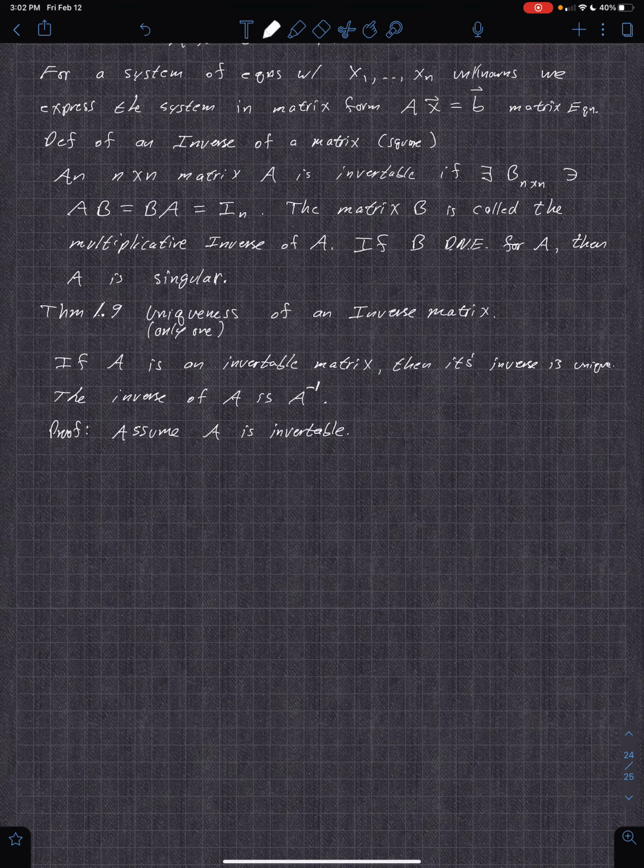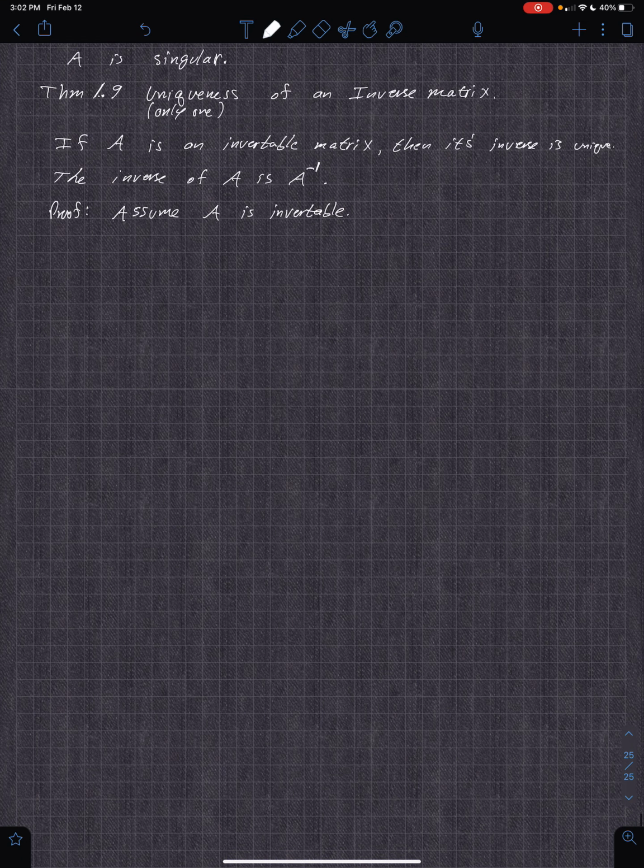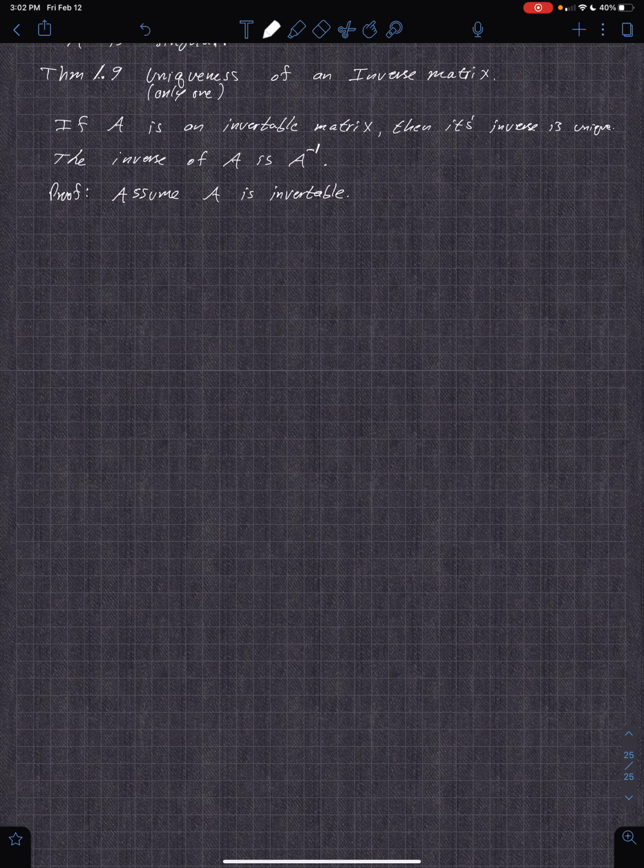And then we're going to assume that two different matrices, we'll call them B and C, are inverses of A. Suppose both B and C are inverses of A.